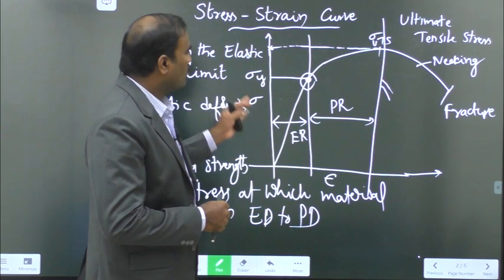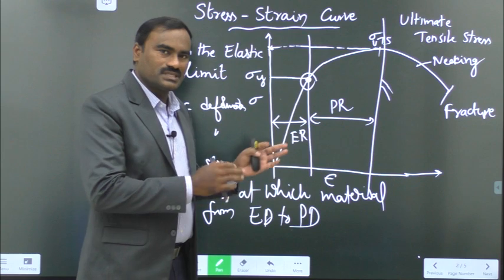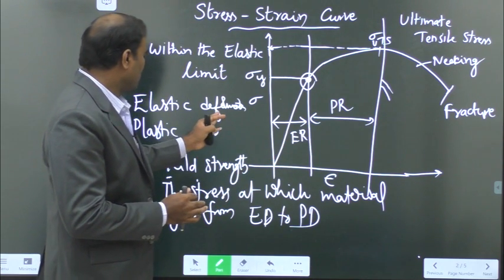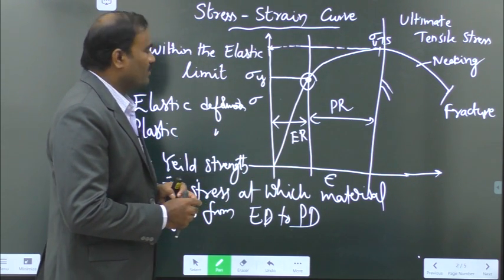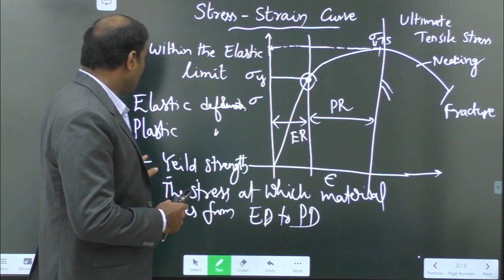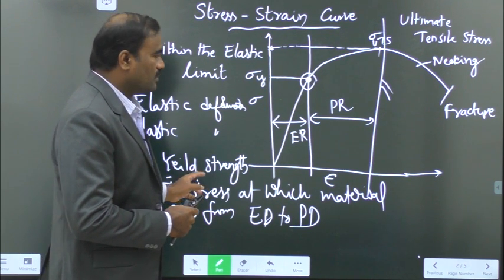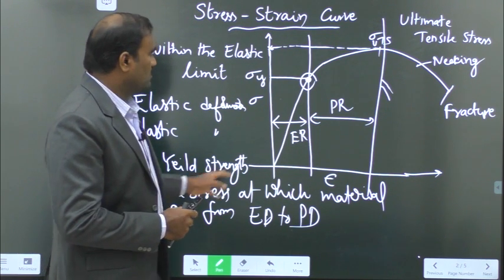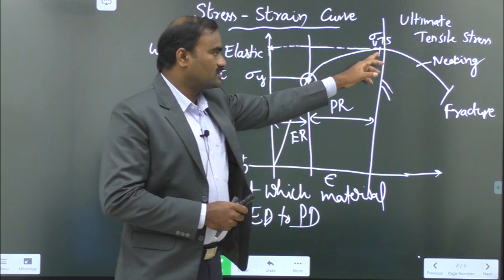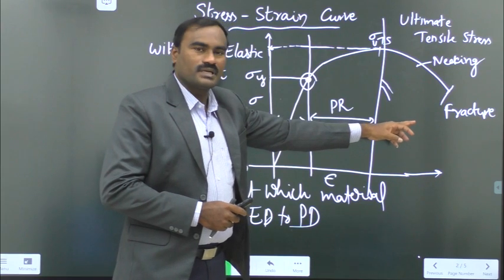This is the whole stress strain curve for a material, which includes both elastic deformation as well as plastic deformation. From this, what you have to remember is the important definitions: yield strength, then ultimate tensile strength, the third one is necking, and the fourth one is fracture.